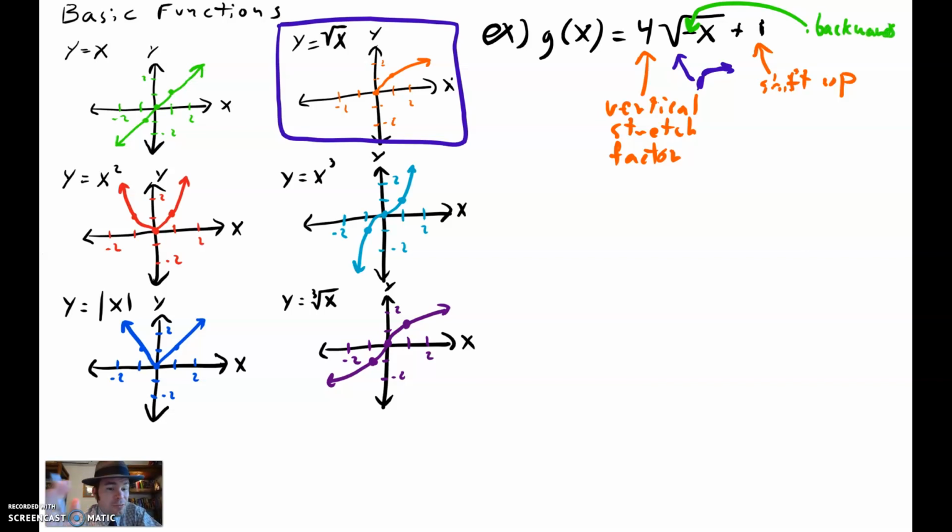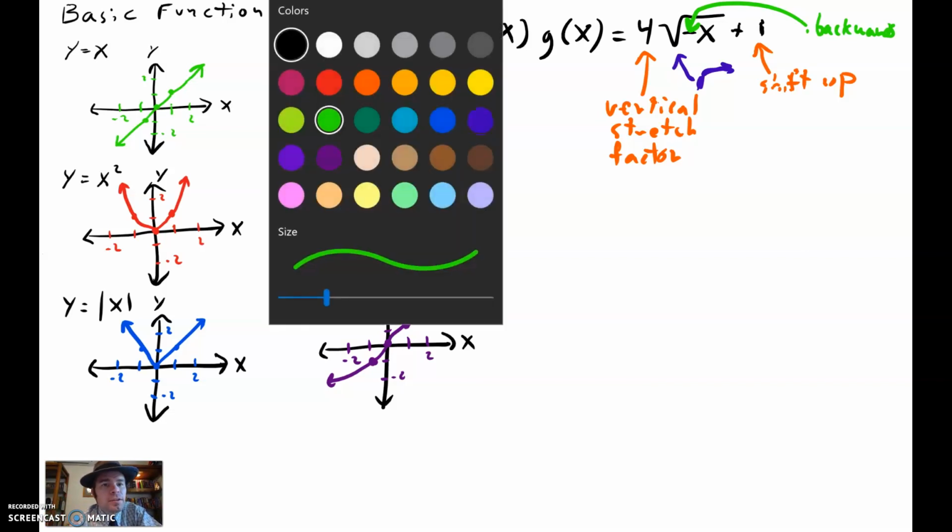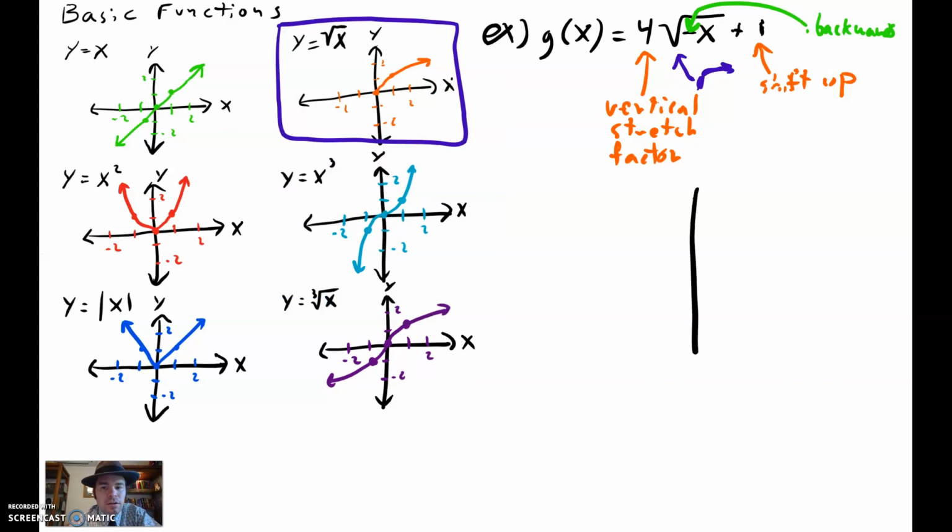Now that's not a technical math term, it's not backwards, but it is backwards from our basic graph. So here we are, we're ready to graph this one. Now again, I'm going to take the time to label the axes, x and y, and I'm going to take the time to label the scale on each axis. I'm going to count by ones again.